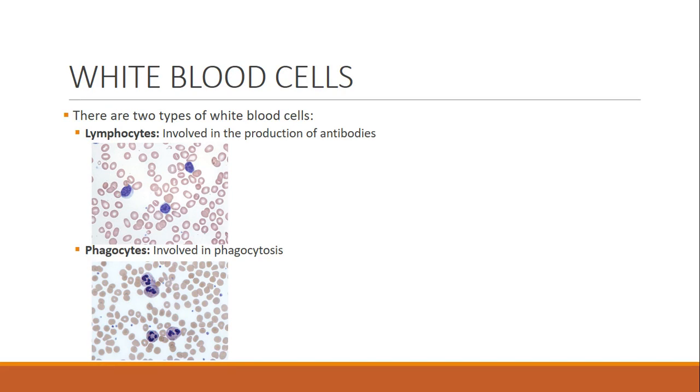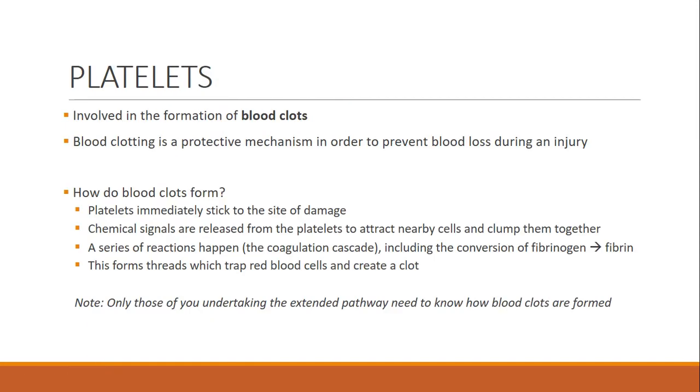For now you just need to know the terms lymphocytes, antibodies, and phagocytes for phagocytosis, and that's not too hard. You need to be able to distinguish them under the microscope. Lymphocytes have a huge circular nucleus within their cells, whereas phagocytes are more lobed and not so circular. So it's fairly easy to tell once you compare them to one another.